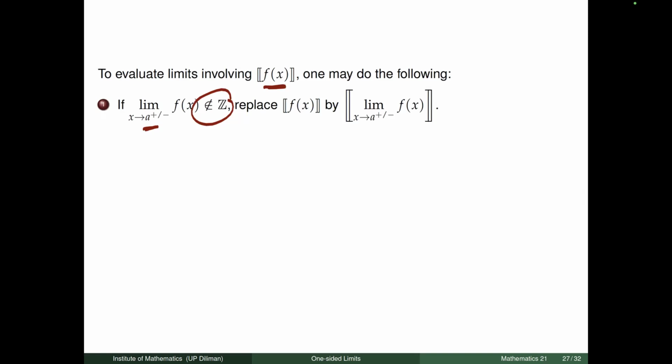Okay? So, ang mangyayari dyan ay, if this is the case, pag hindi integer yung result, then the limit of the GIF of x as x approaches a, whether from the right or from the left, is equal to the GIF of the limit. Okay? Ganun lang siya.